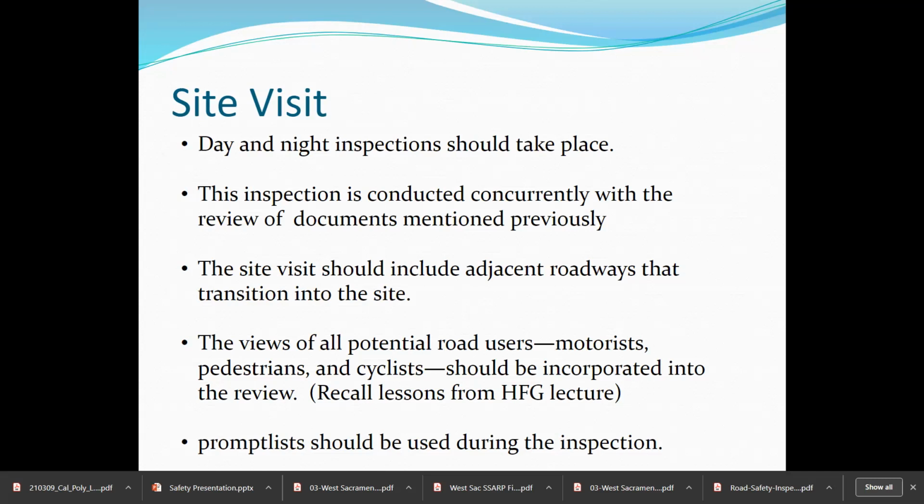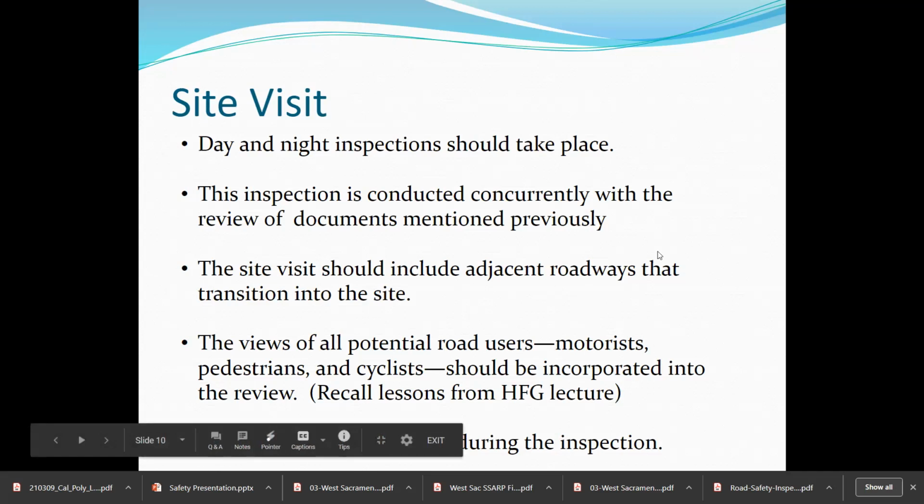That's something that typically was missing historically in how we did those audits. We always took the motorist perspective, and that was the dominant perspective, but that's not the way to do it. And again, make use of the focal point, if you can recall lessons from the human factors guidelines lecture, and make sure that you do that.